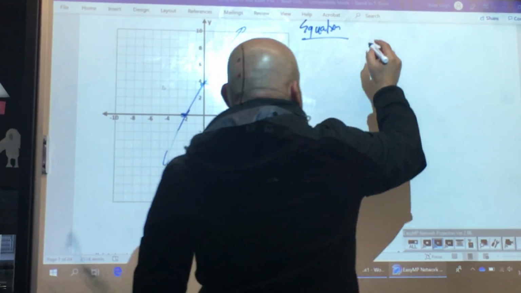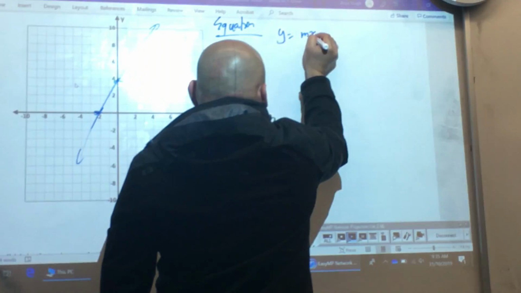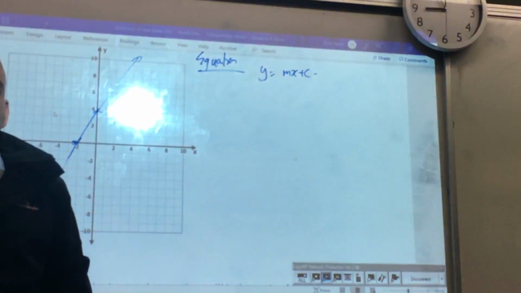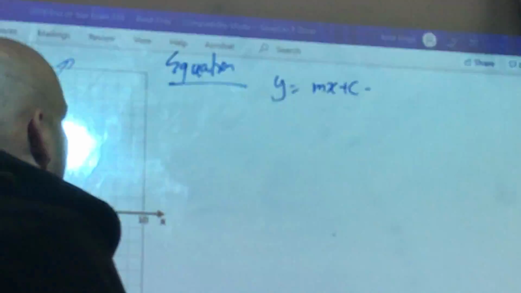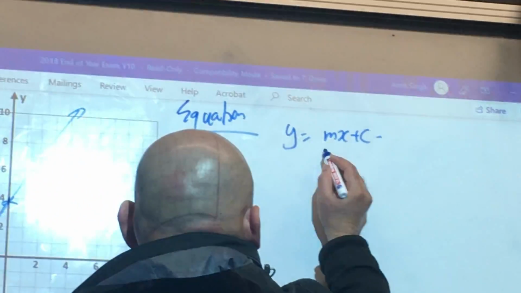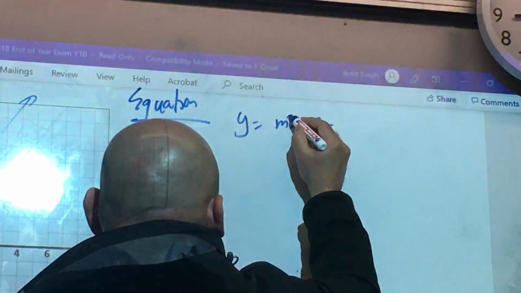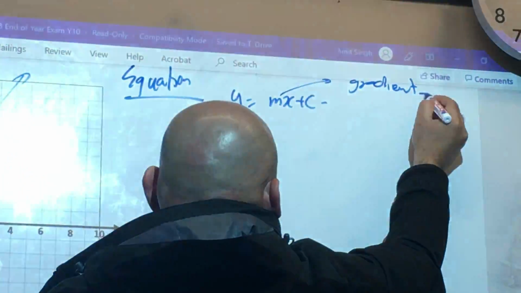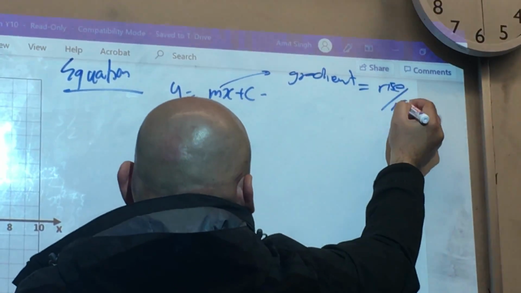Equation, it has to be in the form y is equal to mx plus c. That's the general formula of the graph. They should give you the formula of that. Y is equal to mx plus c. So m is the gradient, and gradient is equal to rise over run.